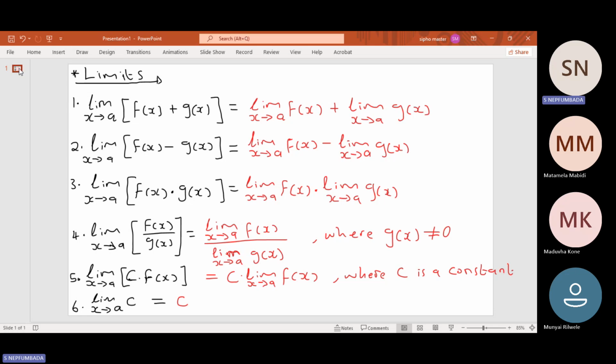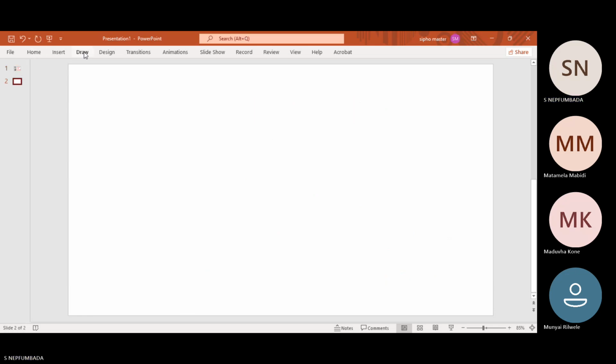Let's go to examples. They will say evaluate the following limits. In a limit, we can do a direct substitution or we can first simplify it, it depends.